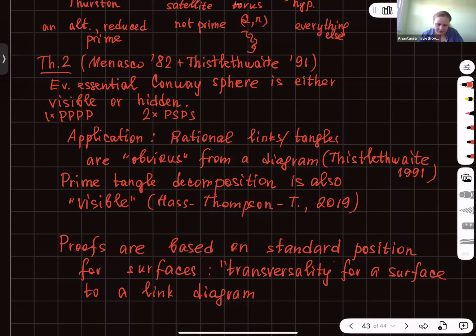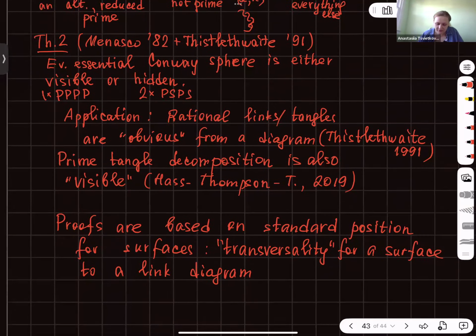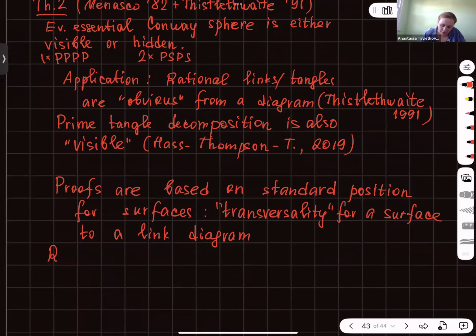And this, of course, is also reminiscent of, right? So in the 60s, Haken developed standard position for surfaces, except for, so I'll write this, reminiscent of normal surfaces.